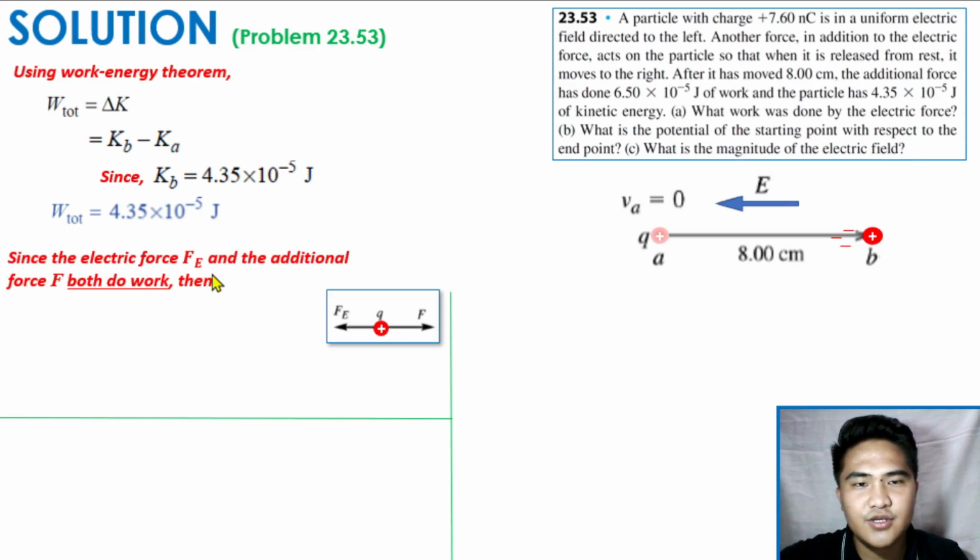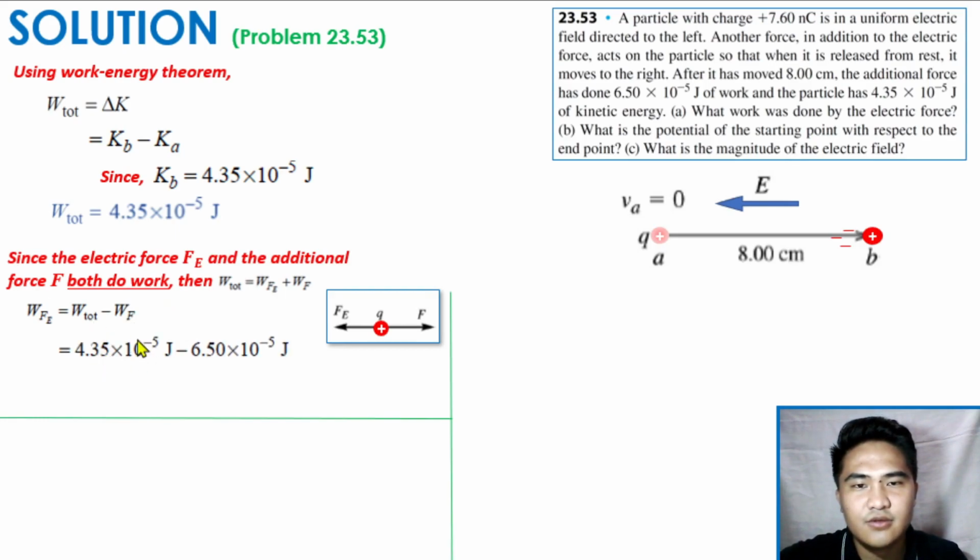Since the electric force F_e and the additional force F both do work, the total work is the sum of the work done by the electric force and the additional force. So there are two forces acting on the particle. Now, to get the work by the electric force, we will rearrange this equation and we have work done by the electric force is equal to the total work minus the work done by the additional force.